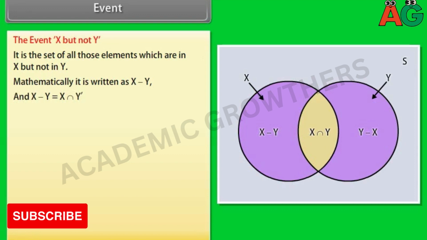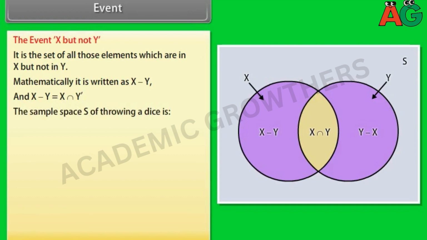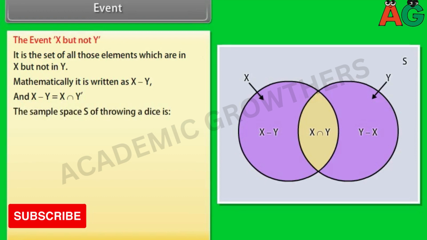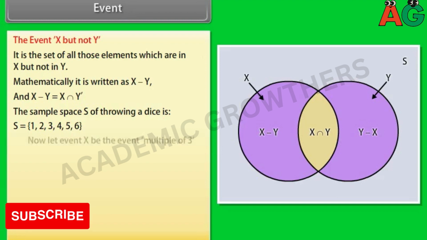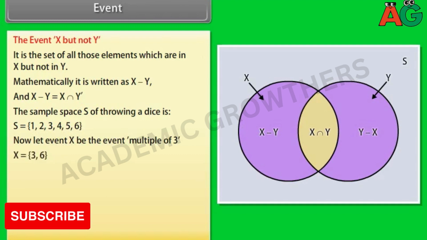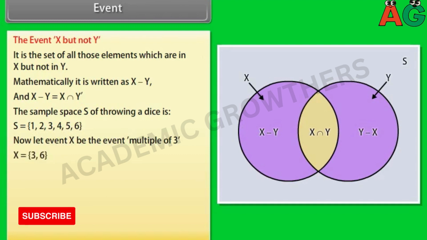To understand it, let's take an example. The sample space S of throwing a dice is S is equal to {1, 2, 3, 4, 5, 6}. Now let event X be the event multiple of 3. X is equal to {3, 6}.